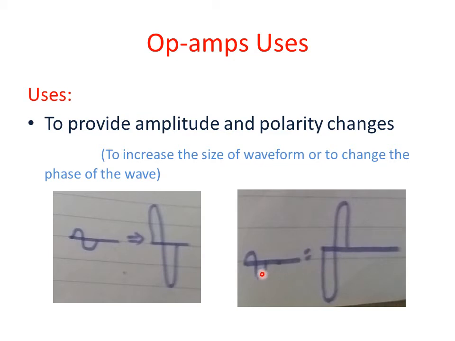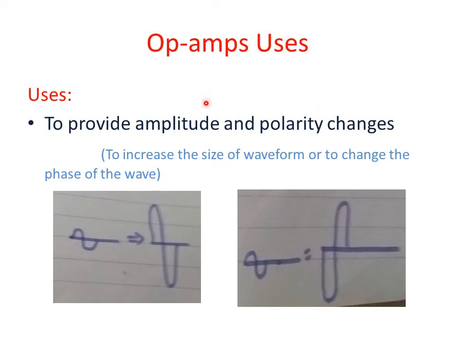When I am providing a negative signal at the input, it is providing me a positive amplified version at the output. This means that the circuitry of the op-amp which was present over here is not only amplifying the input signal, it is also inverting the polarity of the input waveform.